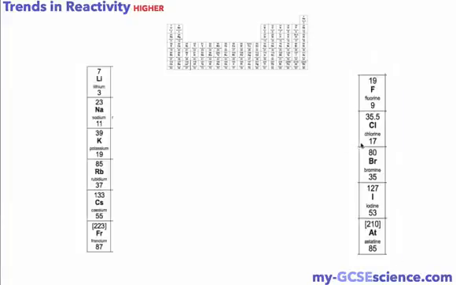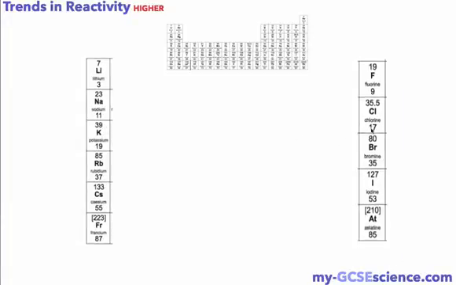Here is a tiny periodic table. Don't worry if you can't zoom in and see that, because what we're going to focus on is group 1 and group 7, which we've looked at before.